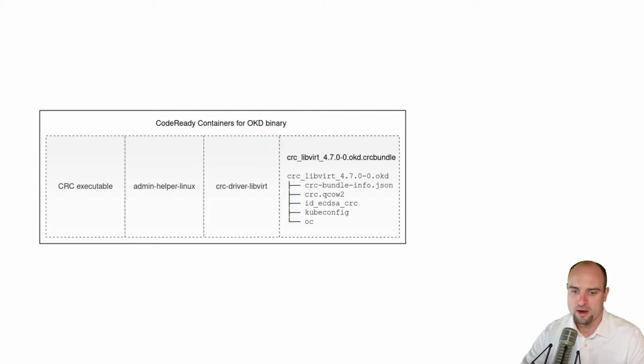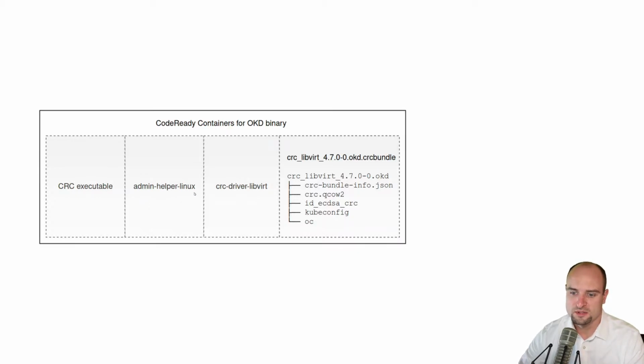In this diagram, I am showing you the Linux binary. The binary consists of 4 parts, which are all bundled together to form the binary. The first part is the CRC executable. This is the executable code which is running when you are executing CRC commands. The second part is admin-helper-linux.